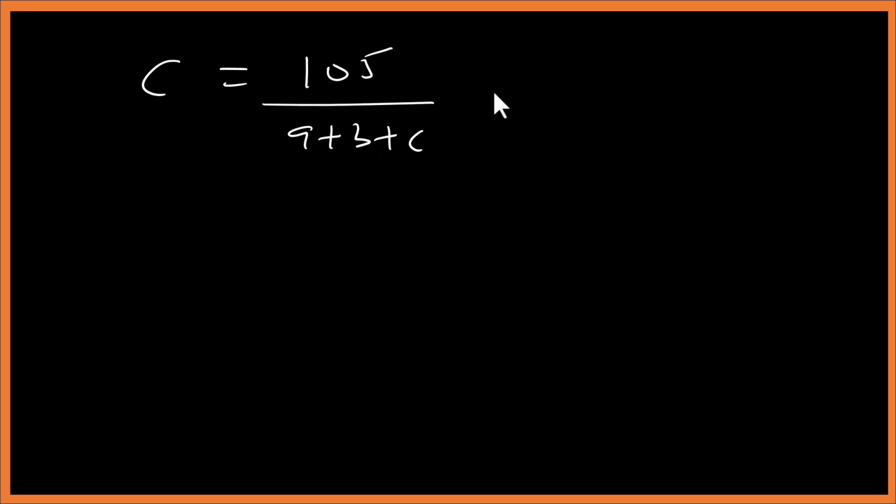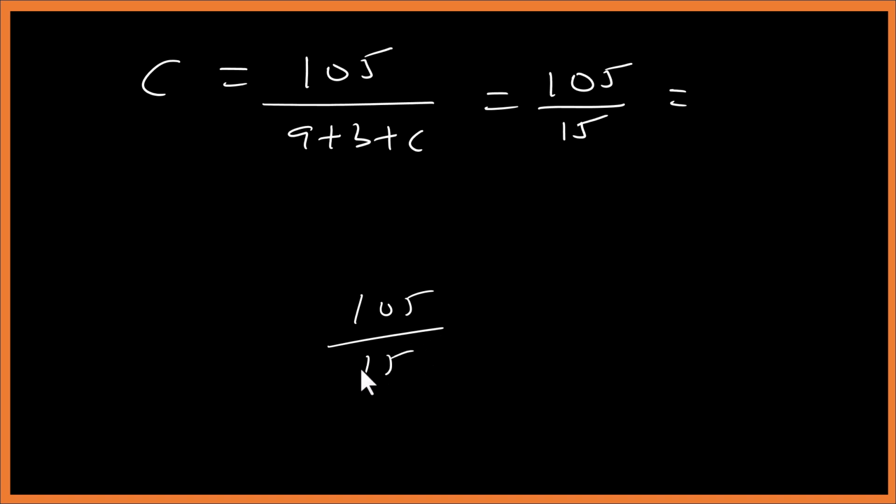So c is 105 over a plus b plus c, which is 105 over 15. So 105 over 15, we have 7 here.